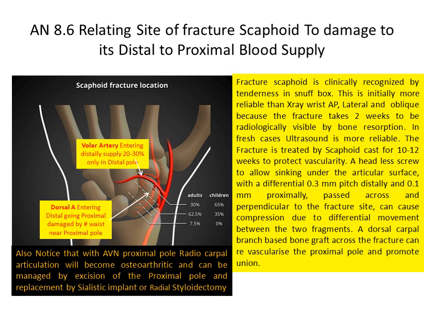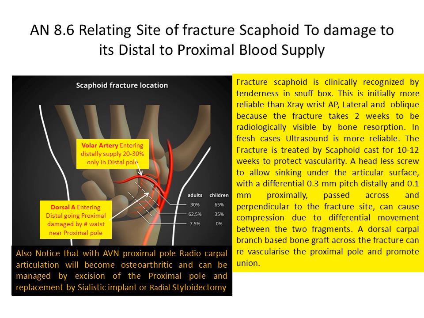An AO or headless screw to allow it to sink under the articular surface with a differential 0.3 millimeter pitch of the threads distally and 0.1 millimeter pitch of the threads proximally, when passed across and perpendicular to the fracture site, can cause compression due to differential movement of the two fragments. The proximal fragment will move less and the distal fragment will move more, therefore, there will be compression.